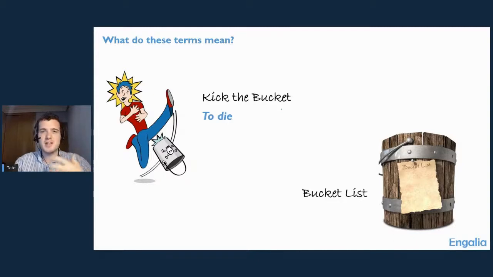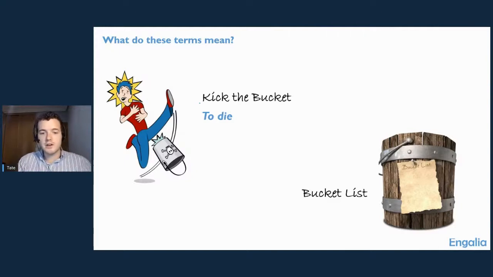You would never say that someone kicked the bucket in a serious way. If you're at a funeral, generally, you wouldn't say it in that context. But the expression to kick the bucket means to die. I have no idea where this idiom came from, but I do know that it means to die. So if you say kick the bucket, that means that someone has died.